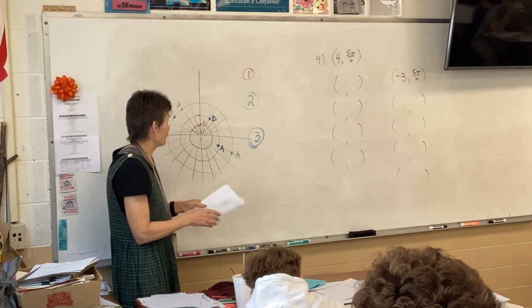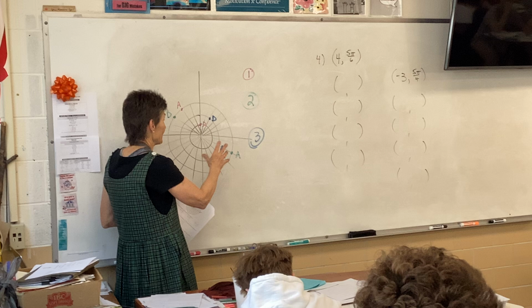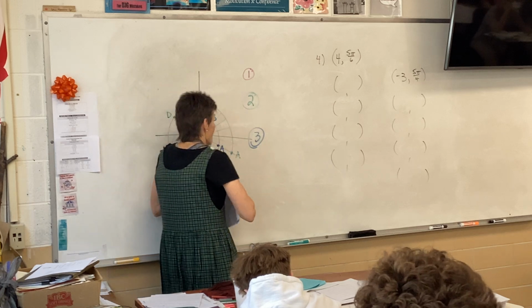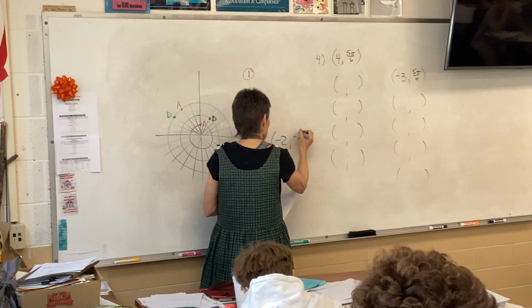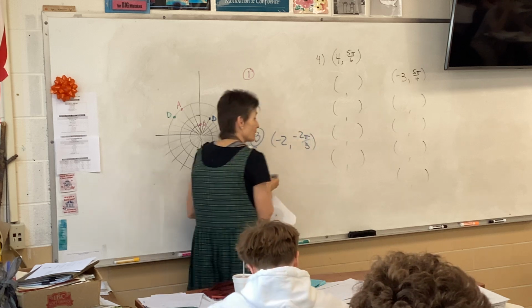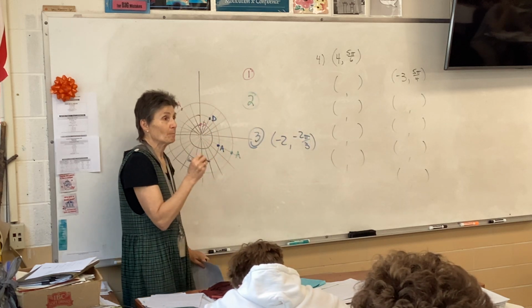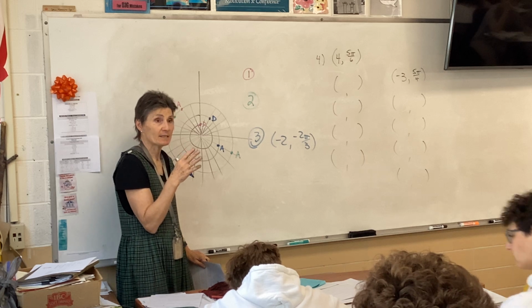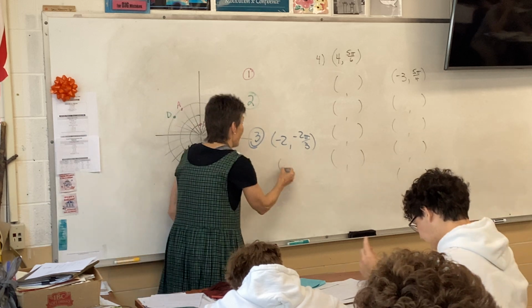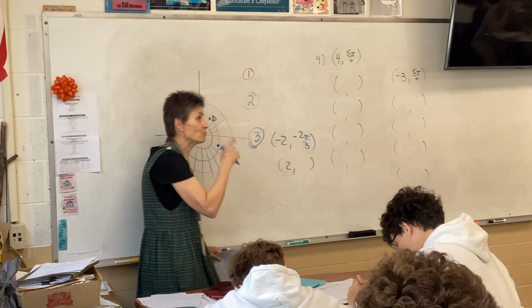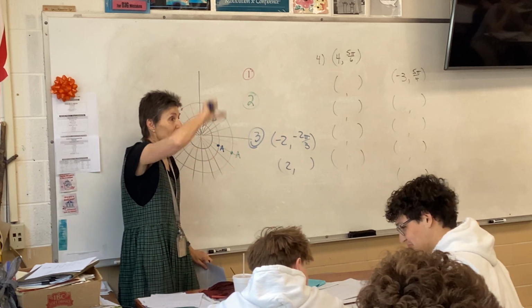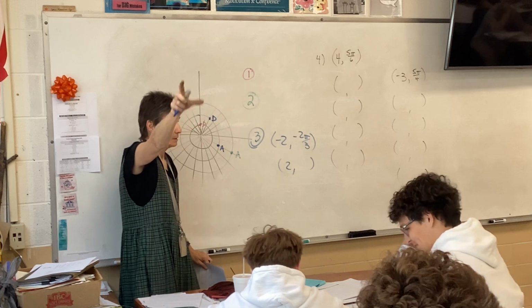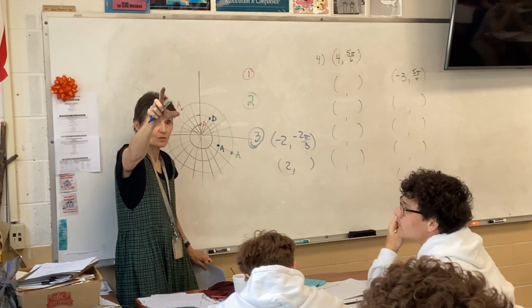Okay, so for example, quickly talk about this for problem 3, that point that was -2 pi over 3. You can't plot a negative radius, so you're going to think about it as being a +2, but when you change that radius, you're flipping your angle halfway around the circle.